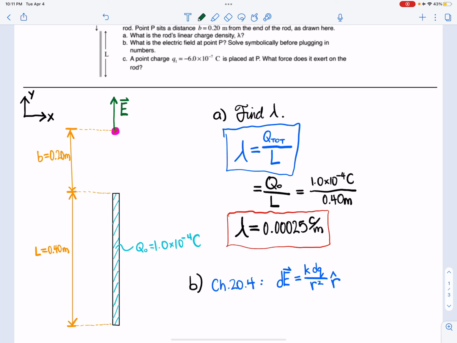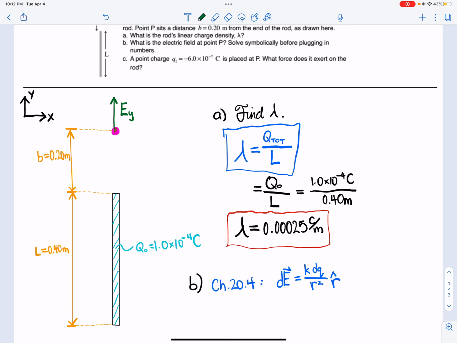That will be my electric field due to this thin rod with a positive charge, right? And if you notice, this is going straight up along Y. So it's just going to be my electric field along Y. Right? So it will be my E_y.